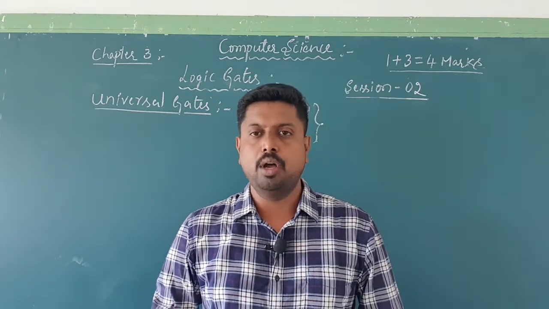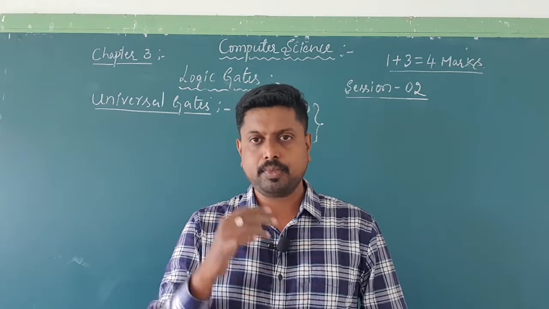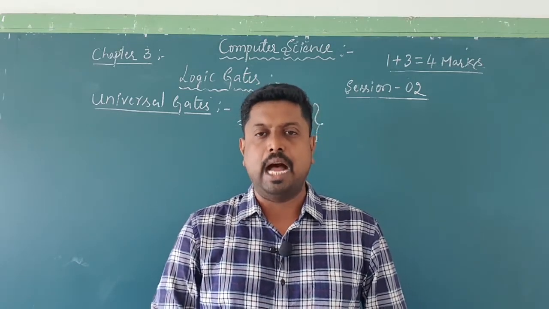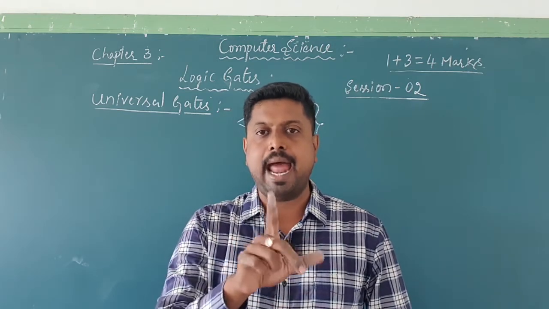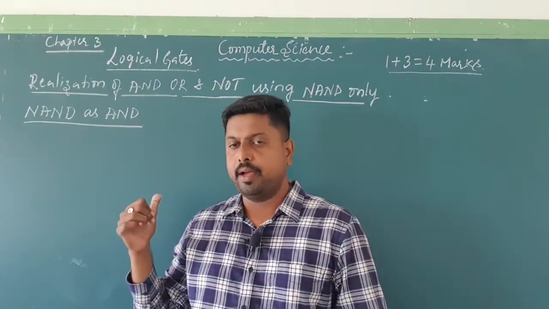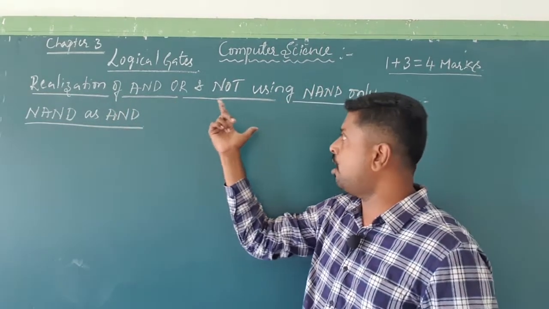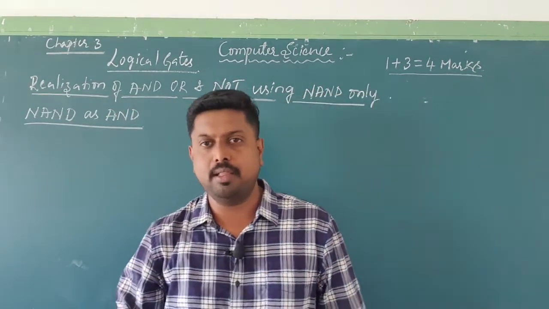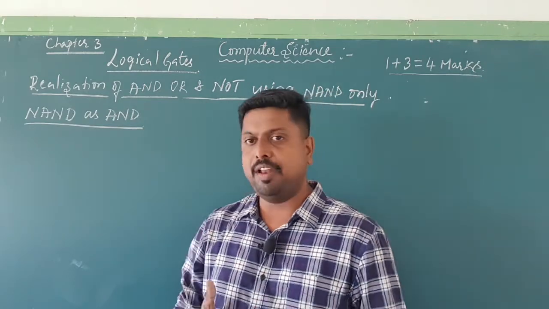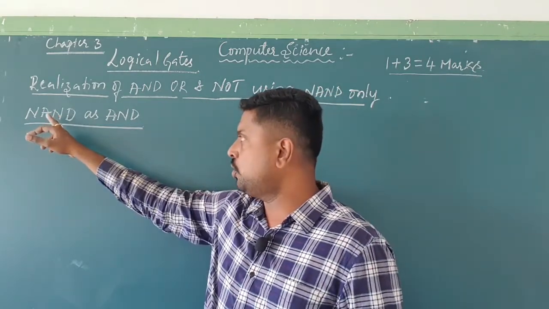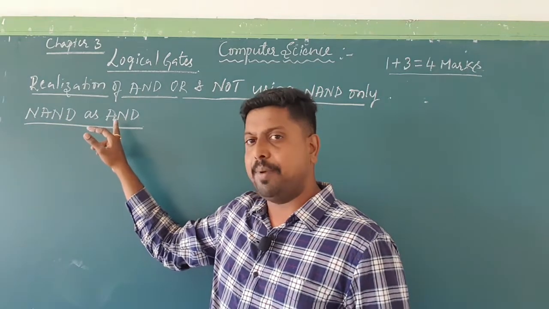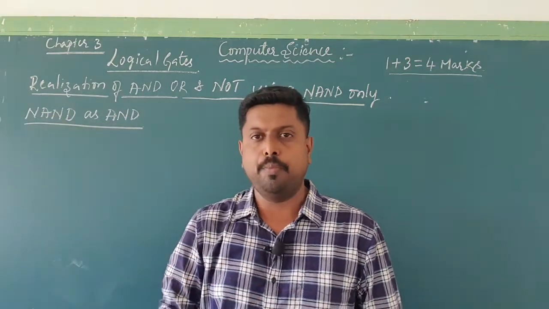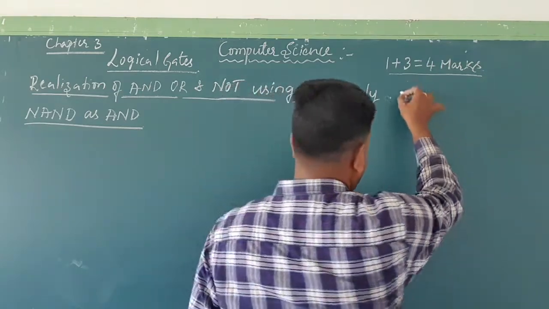Now I will show you how to realize basic gates with the universal gates. The first one is realization of AND, OR, NOT using NAND only. You will get a 3 marks question based on this concept. On the right side I can write it better.